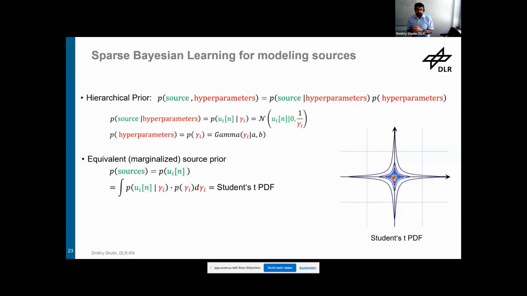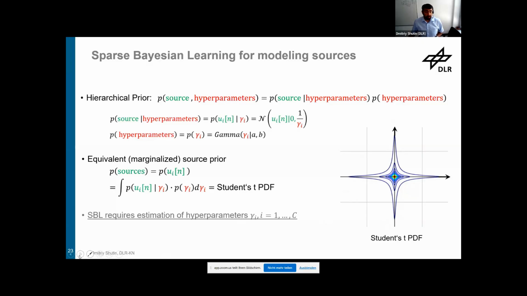If you plot an L0 sphere, you would see that it's a pure cross. An L1 sphere would be a rotated, rhombical structure, so it will go basically like this for L1. And the Student-t is something in between. It's a distribution that places probability mass along the axes, and that's what effectively makes the estimator sparse.